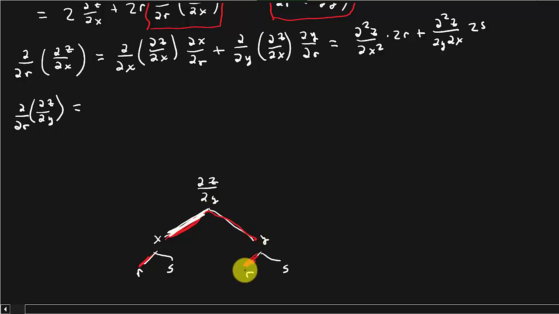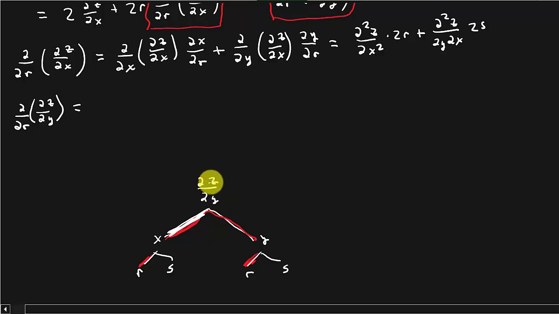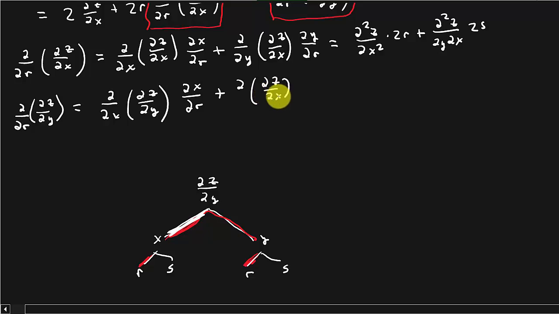There, and then there. All right. So we got the partial of this with respect to x. That's the partial of z with respect to y, and we're taking the partial of that with respect to x, times the partial of x with respect to r, plus the partial of z with respect to y with respect to y.